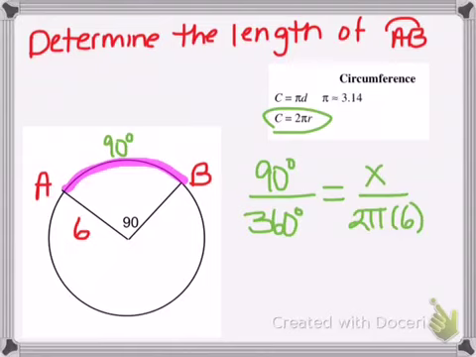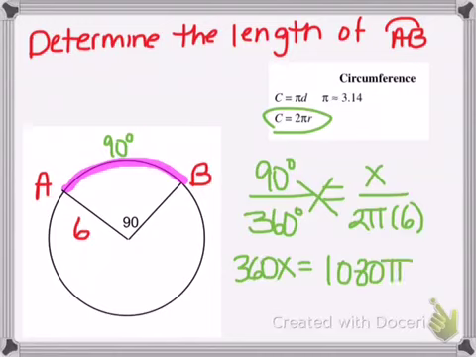To solve a proportion, I want to cross multiply to find the cross products. So 360 times x is 360x. And if I multiply 90 times 2 times pi times 6, that gives me 1080 pi.